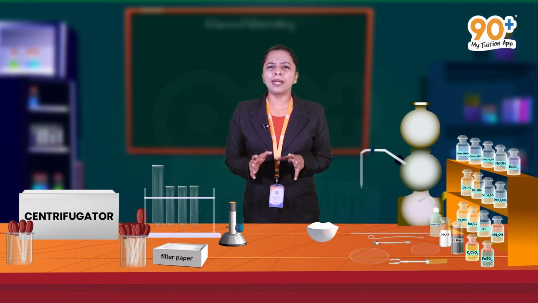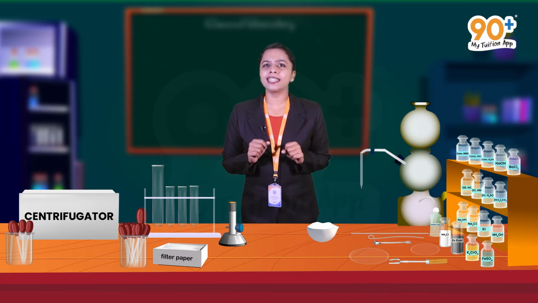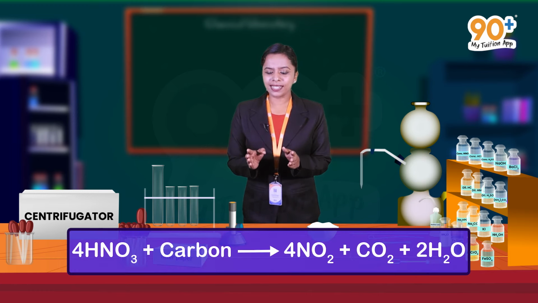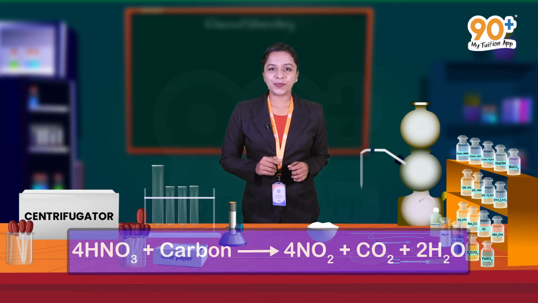And the carbon present in the paper bowl reduces this nitric acid to form brown nitrogen dioxide. And the chemical equation is 4HNO3 + C gives 4NO2 + CO2 + 2H2O.